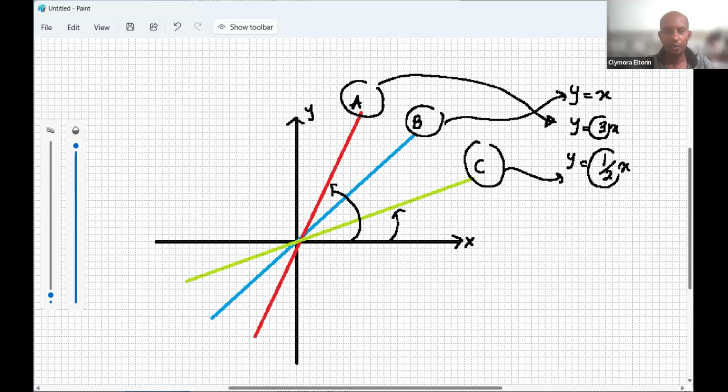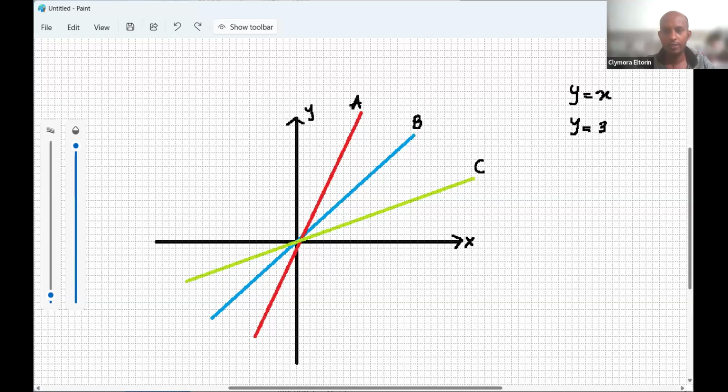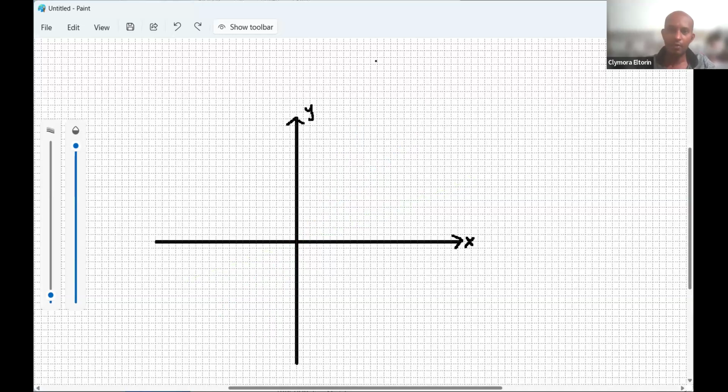So I hope to discuss another type of graph today. We discussed y = mx + c. Now I'm going to discuss the same format but with negative gradients, like y = minus x.